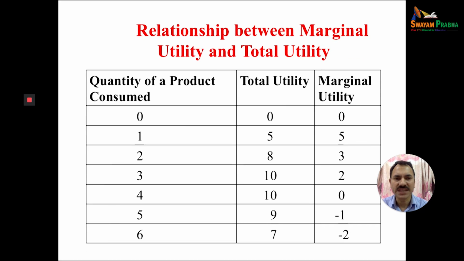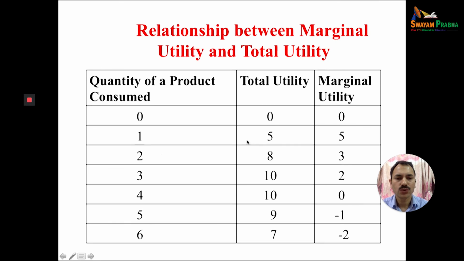Let us discuss the relationship between marginal utility and total utility. We are consuming, for example, 1, 2, 3, 4, 5, 6 units of the product. The total utility is increasing: 5, 8, 10, and then 10, then 9, then 7. This is the maximum. Marginal utility is the change in total utility due to change in quantity.